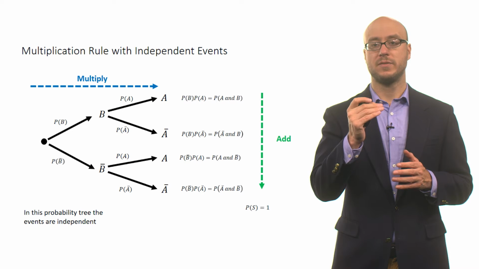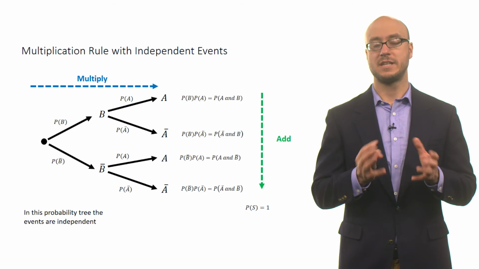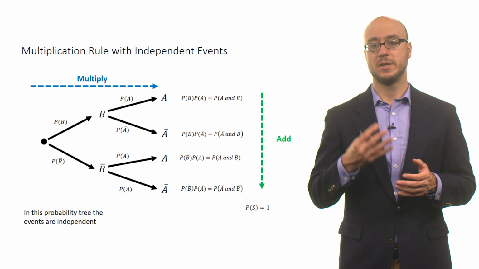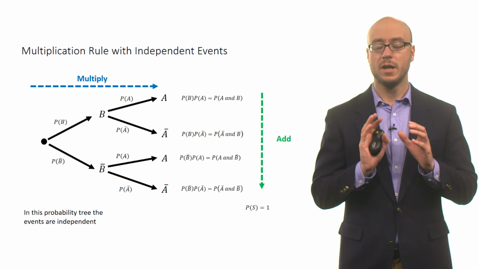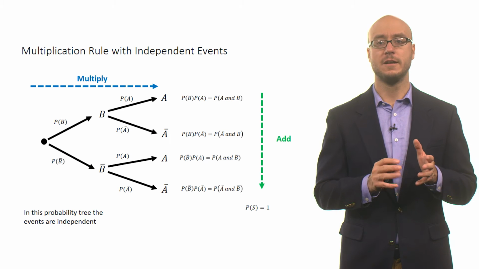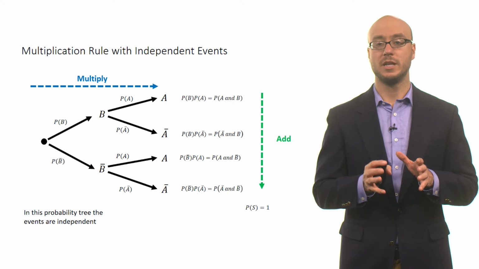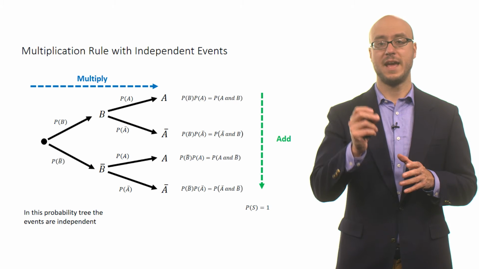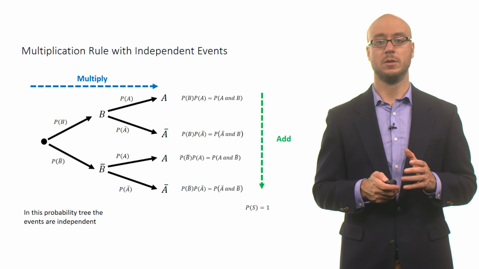And just to be perfectly clear, these probabilities add down so that the sample space equals 1, because these 4 joint probabilities are going to equal 1. Also recall that the probability of B and not B, that sample space, is going to equal 1 as well. The probabilities of A and not A on each set of branches are also going to equal 1.